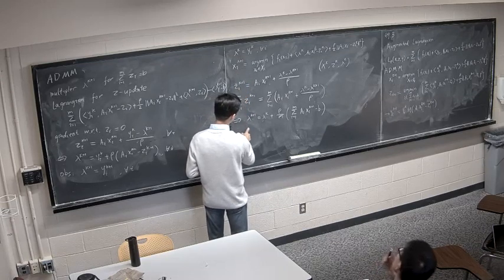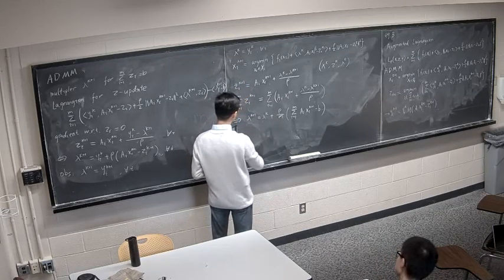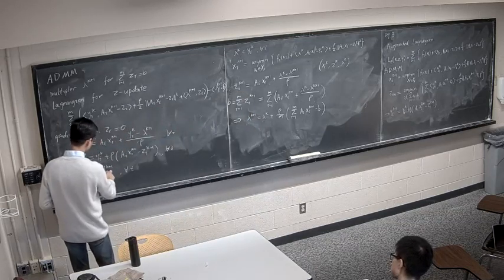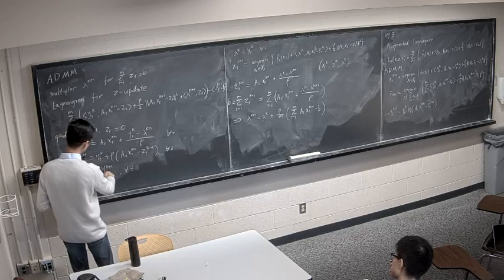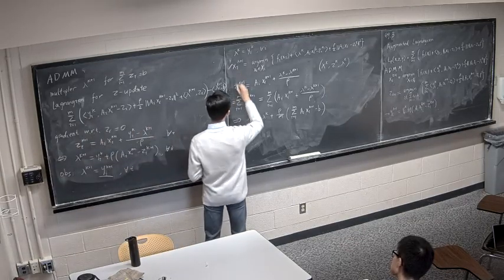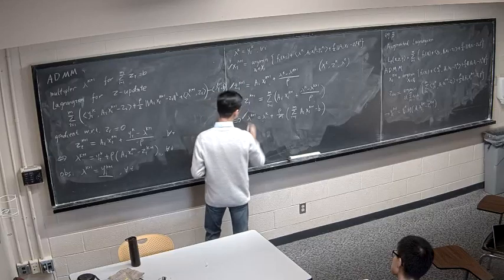And for lambda, you just do this one block update, because lambda k plus 1 is the same as yi k plus 1 for any individual block. So in the end, you just do this update, and this lambda update.